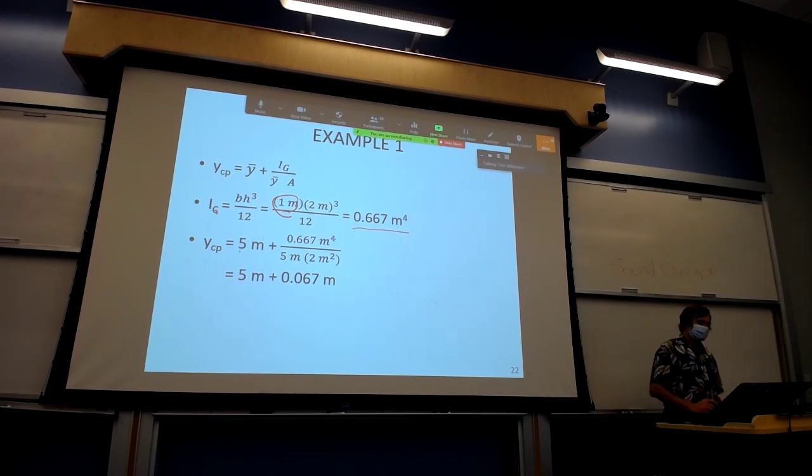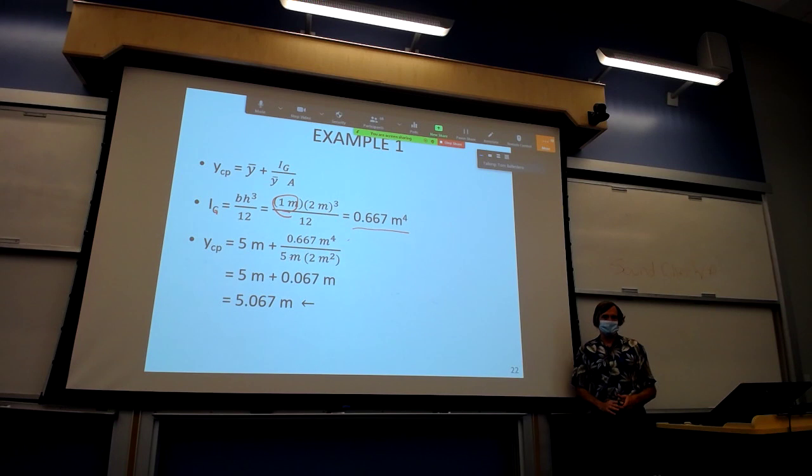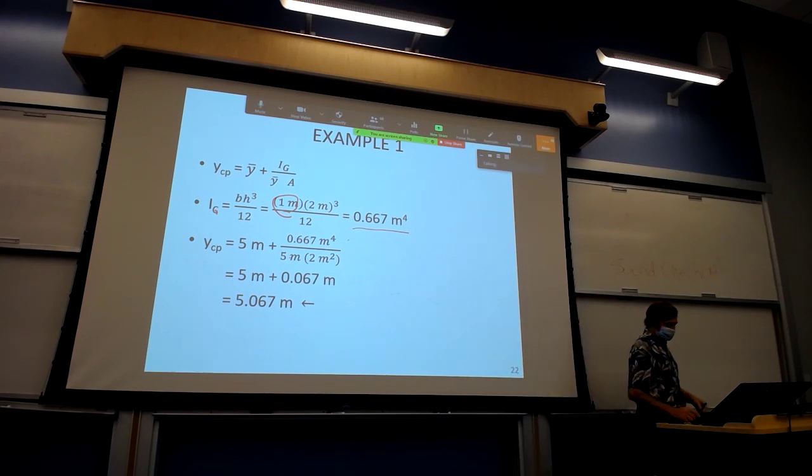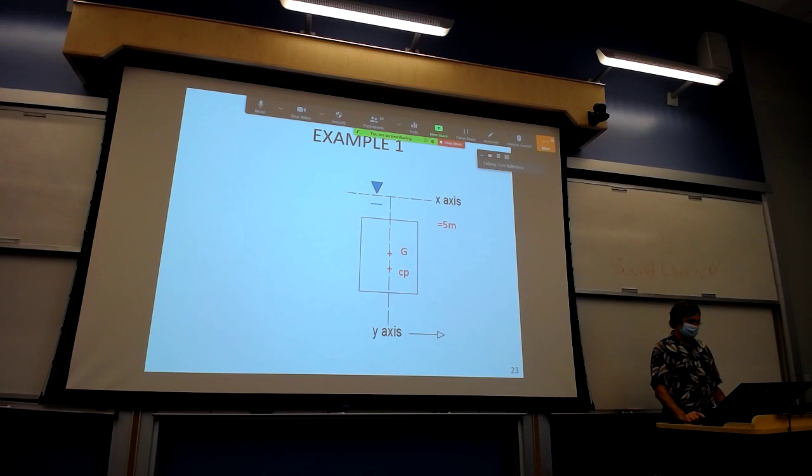We've already calculated that y bar is 5 meters. And so we would add that to moment of inertia over y bar A, and we would get that YCP is 5.067 meters. So remember, y bar is 5 meters, and YCP is 5.067 meters. It's just below the center of area. But it is below. So this is what we just found.